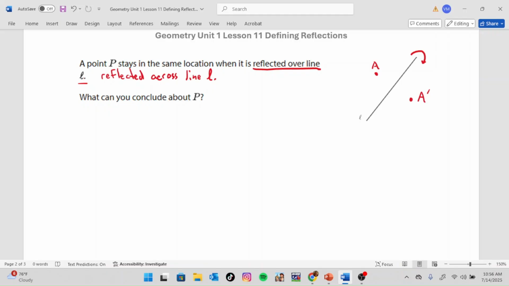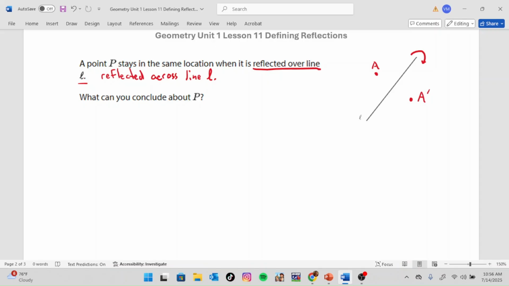But they're asking us, where could we put this point P that it would stay in the exact same spot when we reflected across? So go back and think about if you took this line in your fingers as a rod or as a straw, and you rotated that 180 degrees in your fingers.